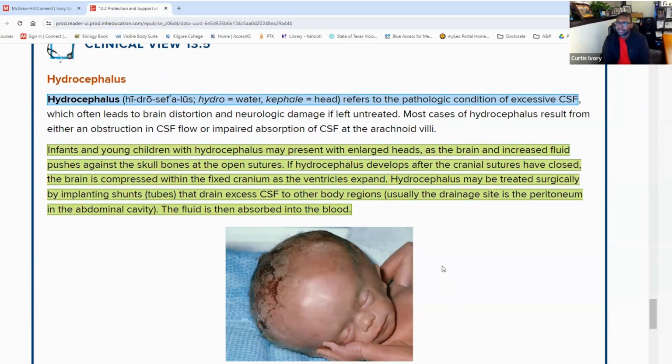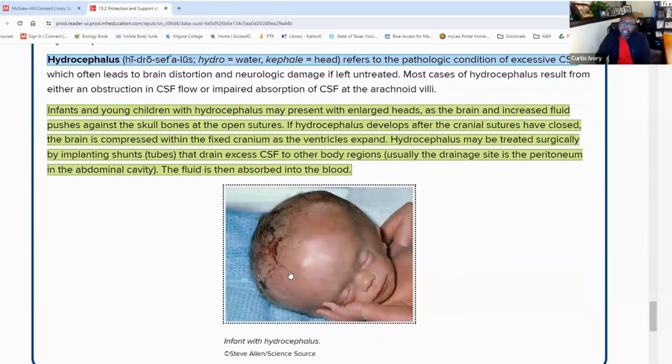And in fetuses, we know that their skull is not hard yet; it's still flexible. It's more like cartilage than anything. Remember, those sutures aren't sutures yet. So water can back up into the skull and make it expand.